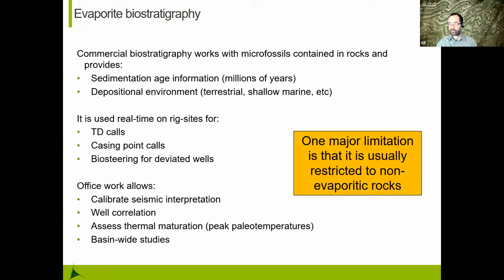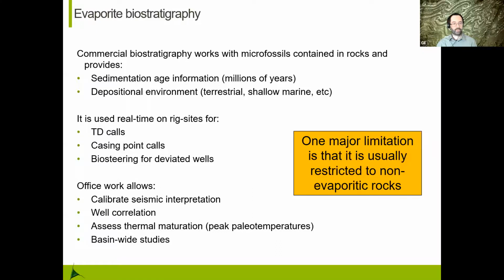That is, I would say, the primary use for biostratigraphy since its beginnings and still today, at least commercial biostratigraphy. And then you usually can say a lot about the depositional environment, if it's terrestrial, shallow marine, deep marine. So you can do interpretations in terms of sequence stratigraphy.